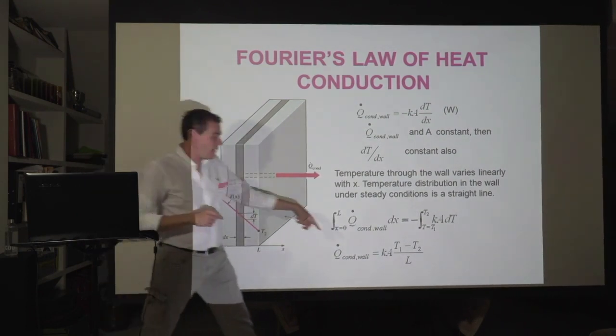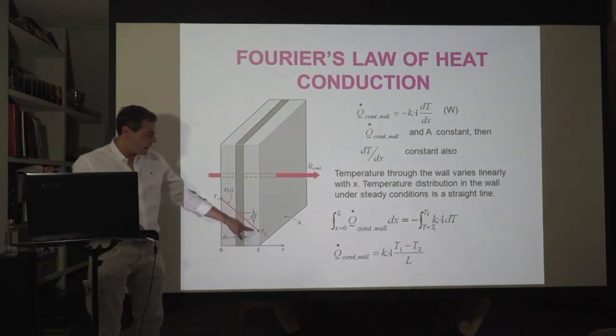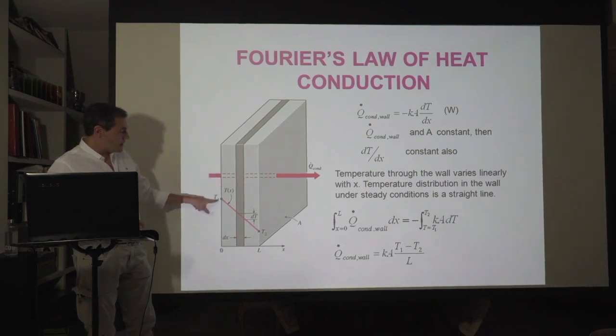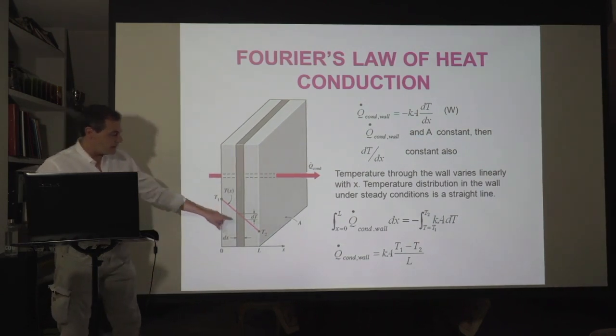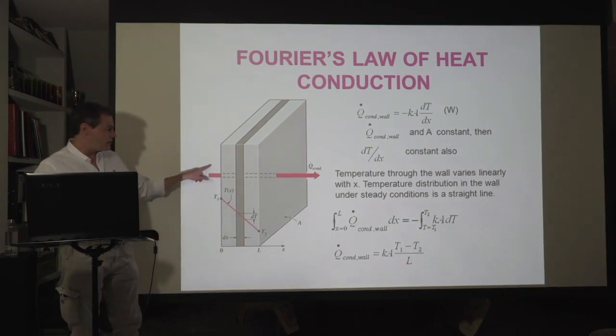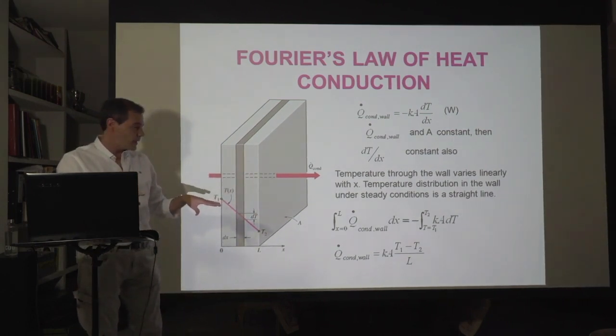And finally, we have a difference of temperature, so we have T1 and T2. This is winter, usually T2 is lower than T1, but if this is summer, this can be outdoors and that can be indoors. But there is always a difference of temperature.